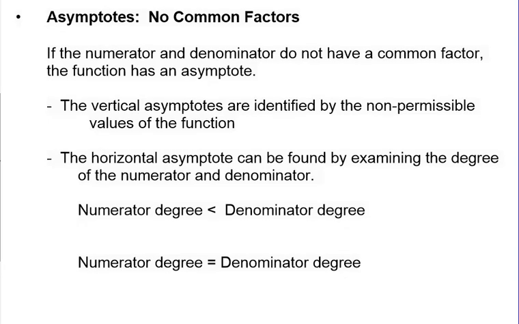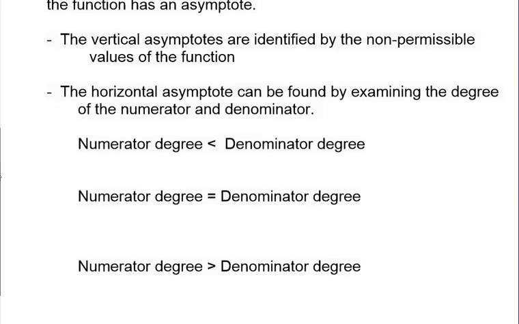Asymptotes come from no common factors within our numerator and our denominator. So if the numerator and denominator do not have a common factor, then the function has an asymptote. The vertical asymptotes are identified by non-permissible values of the function, basically where our denominator is equal to 0.